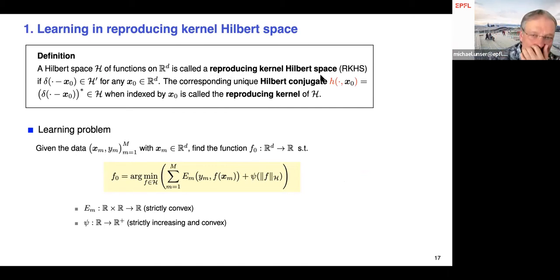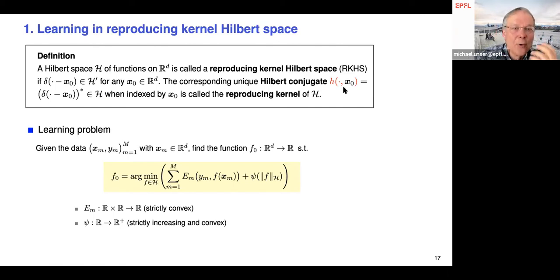What does this mean? It just means that the Diracs, which are the sampling functionals, are actually elements of the dual space. And this is completely equivalent to being a reproducing kernel Hilbert space.